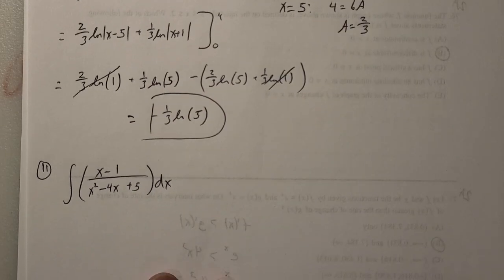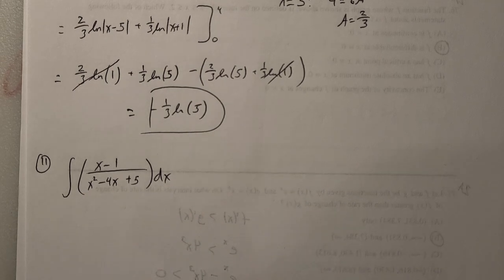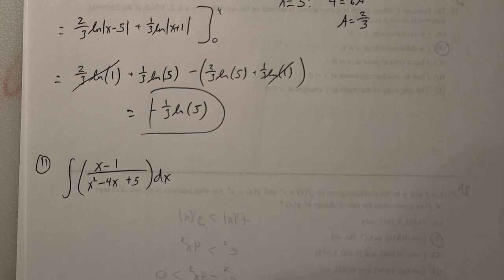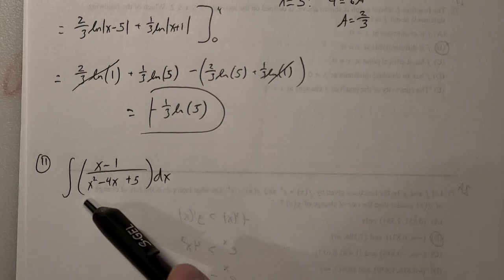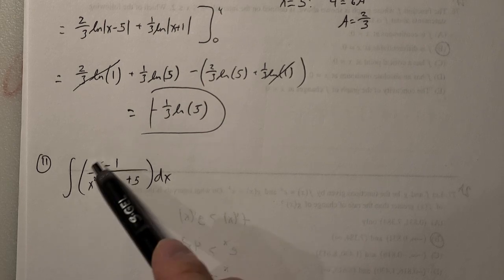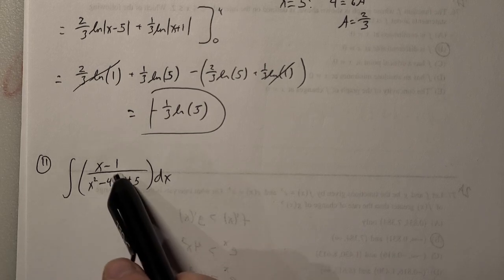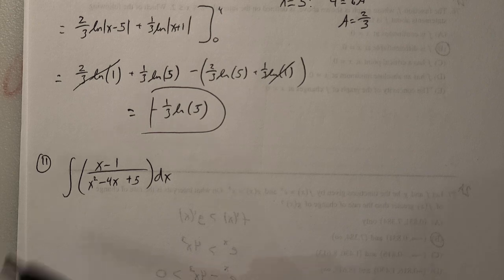So we cannot do partial fraction decomposition because we can't factor the bottom. So what do we do here? Let's go down a list again. Can we substitute? If u is x squared minus 4x plus 5, du would be 2x minus 4 dx. Doesn't quite look like that even if we factor out the 2. It'll be 2 times x minus 2, not that. So probably not that substitution.